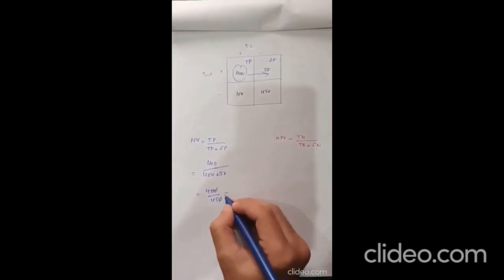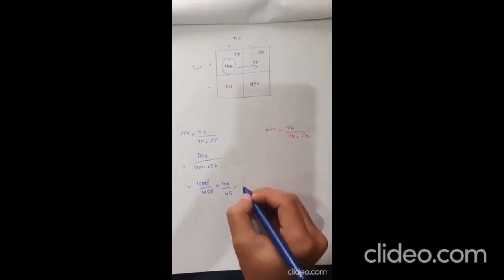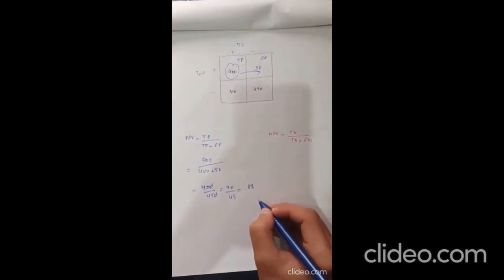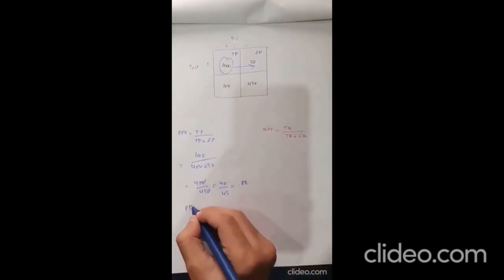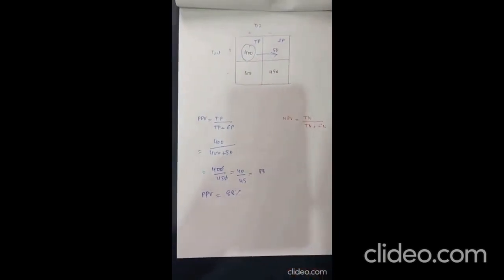Do the simple math: 40 by 45 equals 0.88, so the positive predictive value equals 88%.